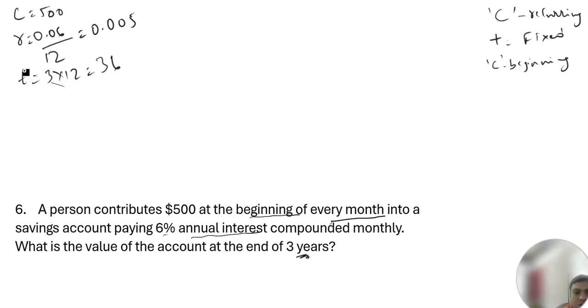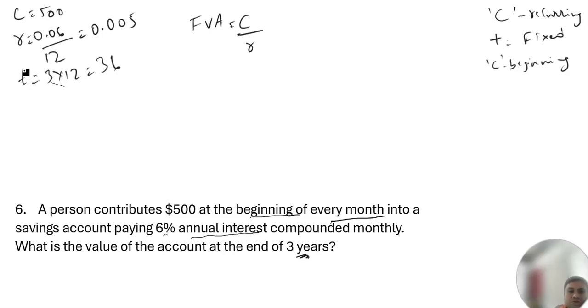It clearly indicates that you need to find the future value annuity, because a person contributes $500 every month and wants to know the value at the end of the third year.